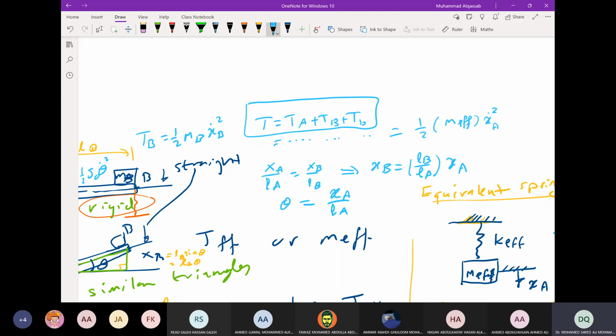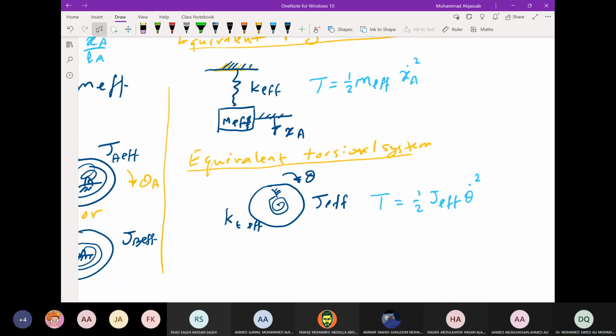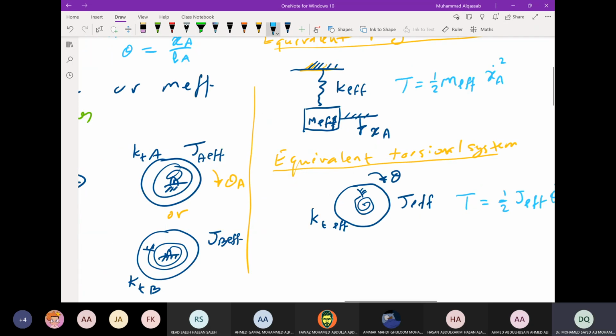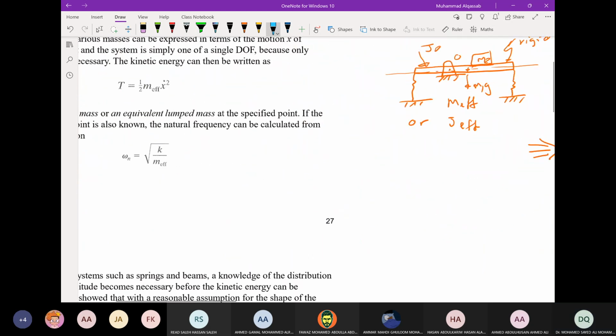Then theta dot becomes a common factor, and you keep the factor half in front. In between the factor half and theta dot squared is the J effective. All right, so those are for discrete masses.